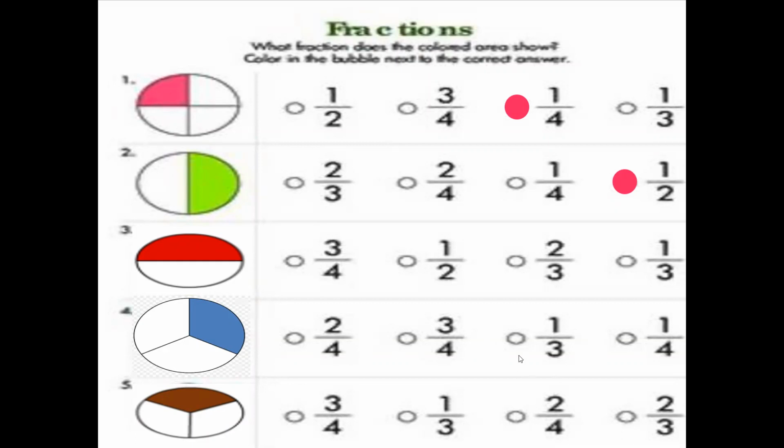Which one is the correct fraction for number 4? 1/3. Very good. Excellent, Eliazia. Thank you. Yes, we have just one part colored with the blue. So it will be 1, and all the parts 1, 2, 3, so 1/3.